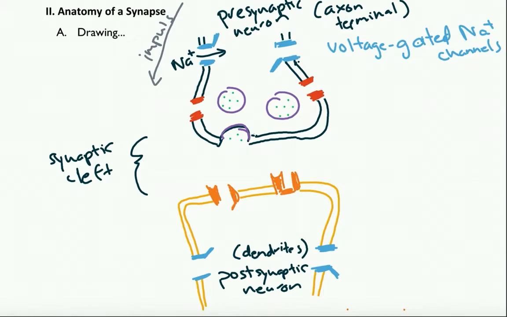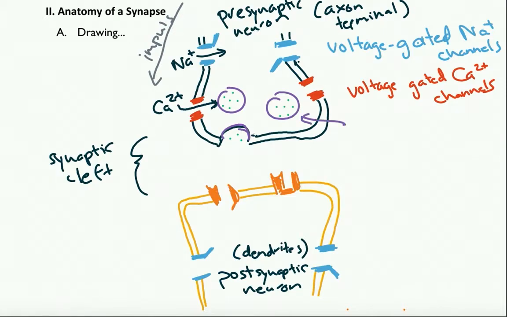Because that sodium's coming inside, that's going to make the very edge of my axon positive, which is then going to trigger the very end of the axon terminal, which has voltage-gated channels for calcium, to open. When those swing open, they're going to allow calcium to come in, and that calcium is going to bind to these purple things. These purple things are vesicles with neurotransmitters.